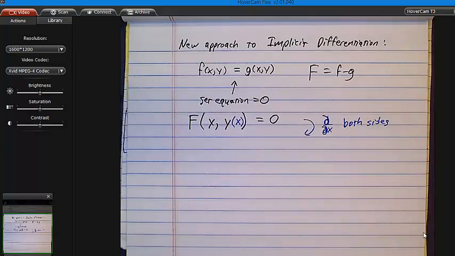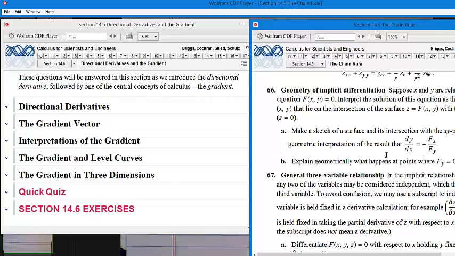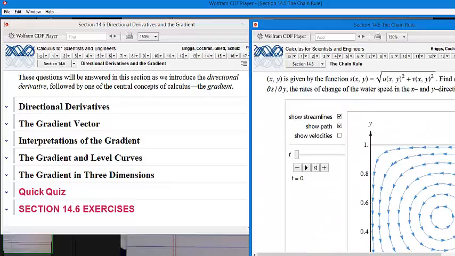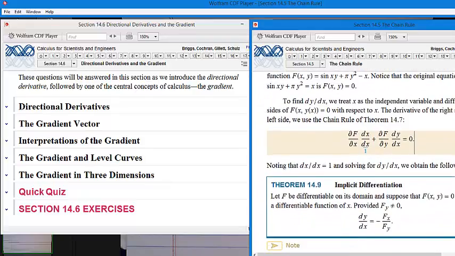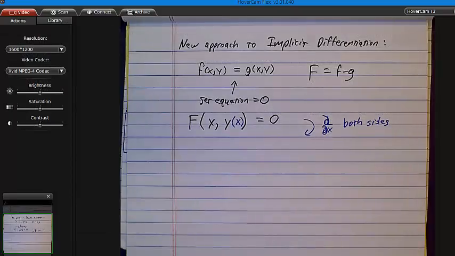And this is where, again, the book has the argument better than what I was saying with the example. On the left-hand side, df/dx dx/dx plus df/dy dy/dx. That's the chain rule. Let's write that down.